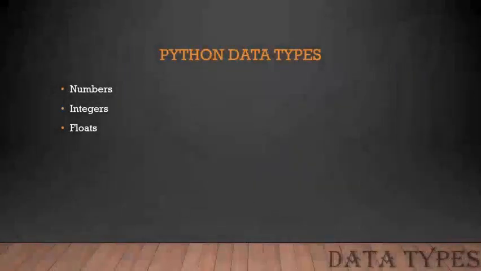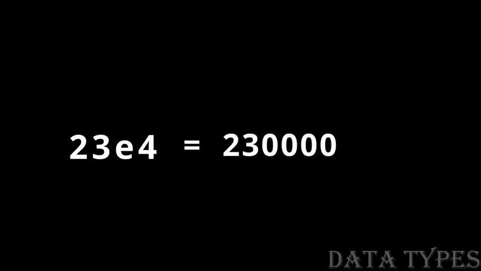It is a float data type, and even if there is no decimal point, it can be treated as a float. If you are familiar with scientific notation, 23e4 means 23 followed by 4 zeros, since e is 10 to the power of 4.